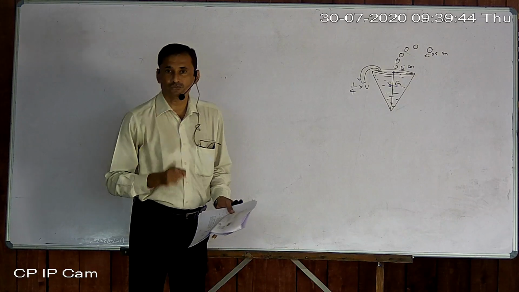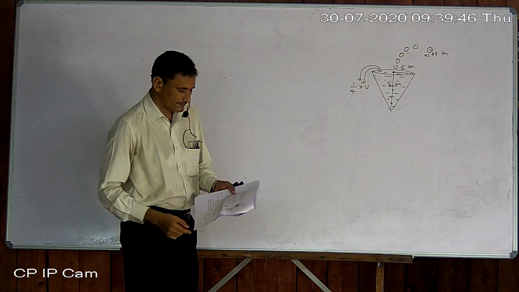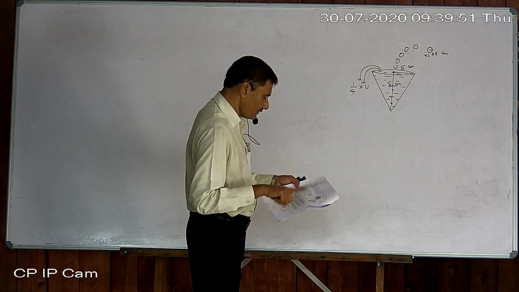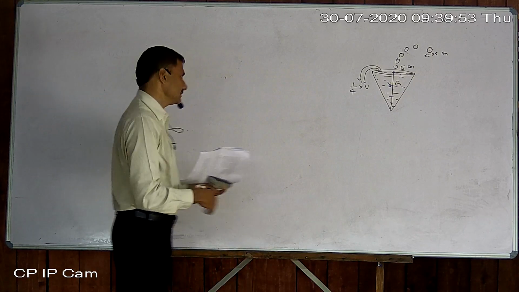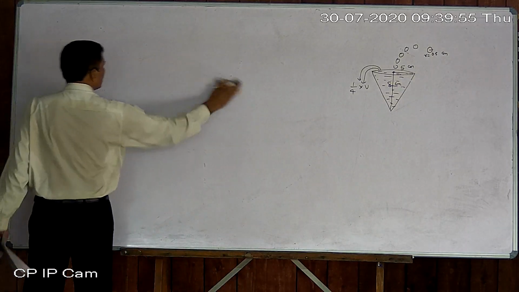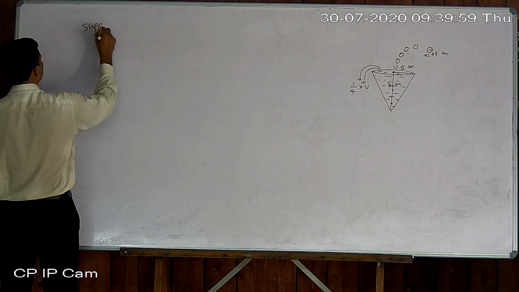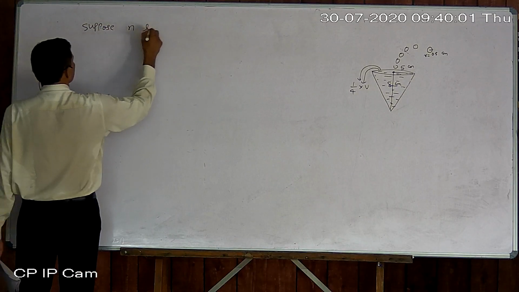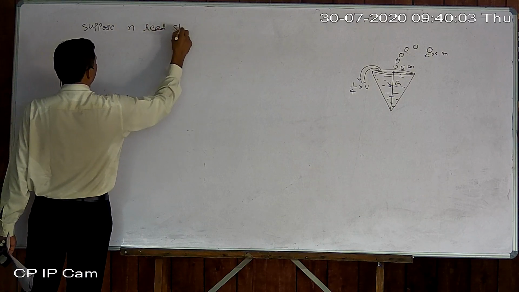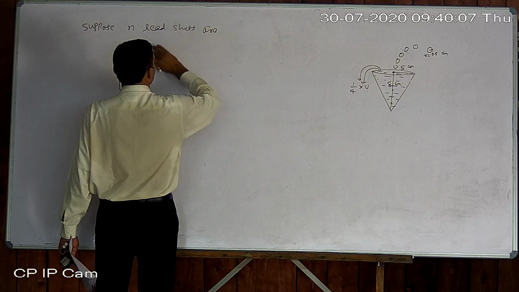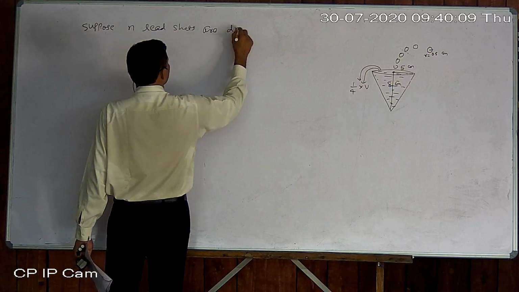That is what is asked: find the number of lead shots dropped in the vessel. So first of all, start from that point. Suppose 10 lead shots are dropped in the vessel.